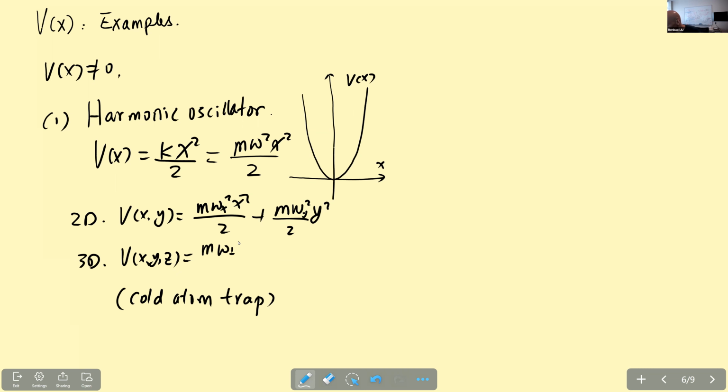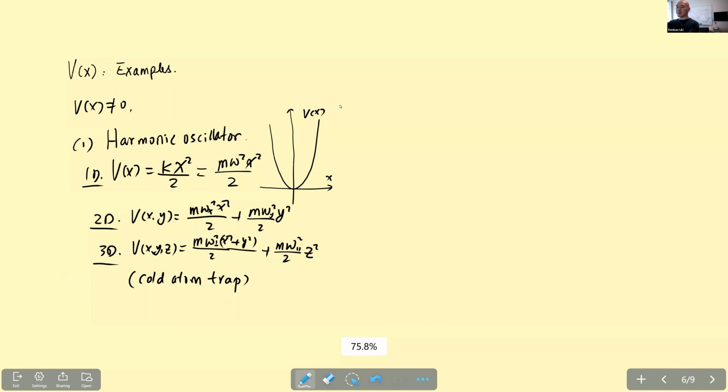Let's say you have a transverse frequency, m omega transverse squared times x squared over 2, and then y squared. So in this case, you have a potential that's confined in the x-y direction with the frequency omega transverse. But you can also have the frequency in the z direction be different. So the potential is symmetric in the x-y direction, but in the z direction it is slightly different. So this is 1D, 2D, 3D. This is just one of the examples.